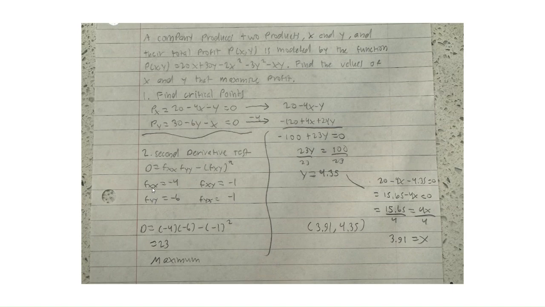Our second partial for x for this equation would be -4, and for our second partial for y for this equation right here, we would get -6. And for the mixed second partial for this equation, we would get -1, and same thing for fyx, we would get -1 as well.